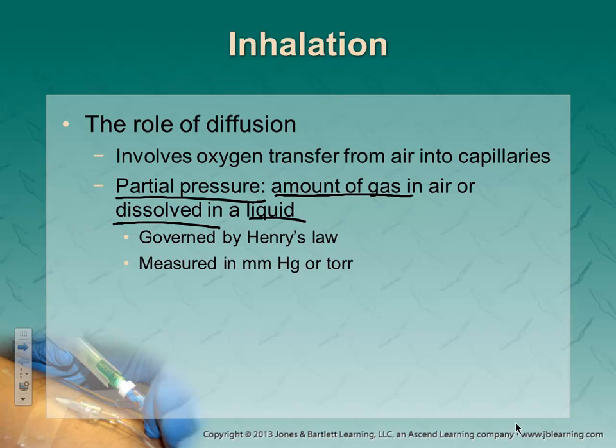So the more of a gas, the more oxygen that you have, the more pressure it's going to be able to create to force it into the bloodstream. The less oxygen you have, the less ability it has to create a partial pressure that's going to be able to force it into the bloodstream.